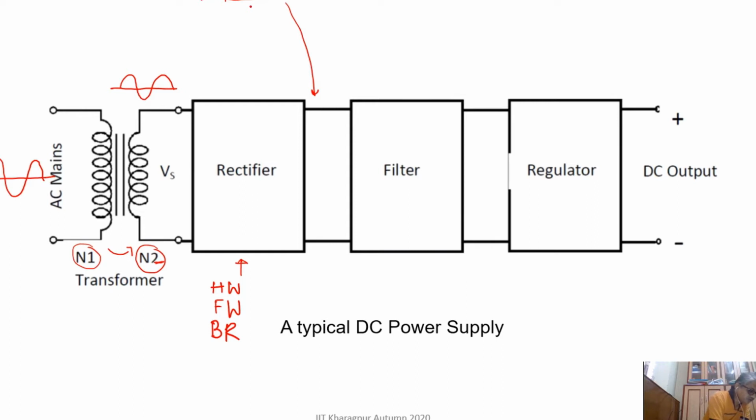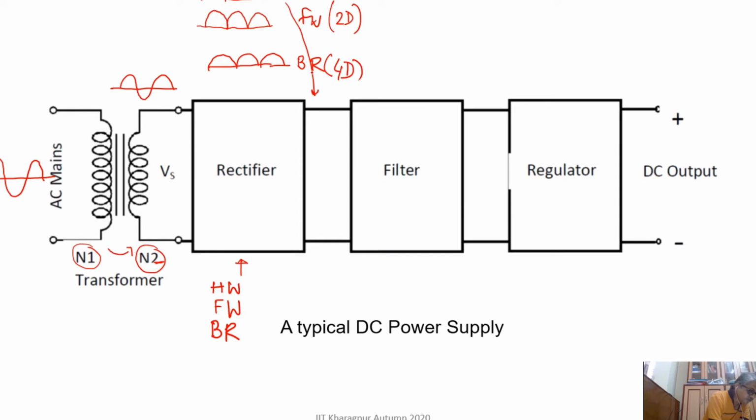So we lost one half of the input signal, whereas in case of full wave rectifier we get both the halves. And also in case of bridge rectifier we will get both the halves. The only difference between bridge and full wave rectifier is that here we need 2 diodes, whereas here we need 4 diodes.